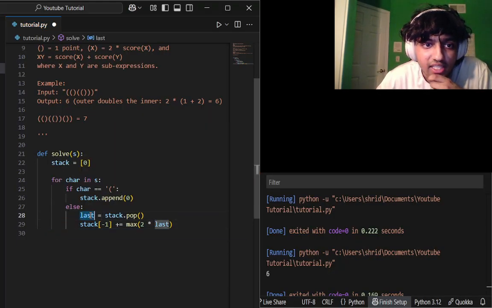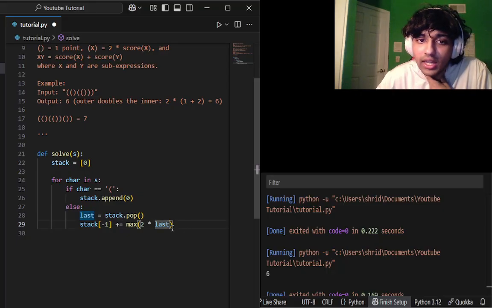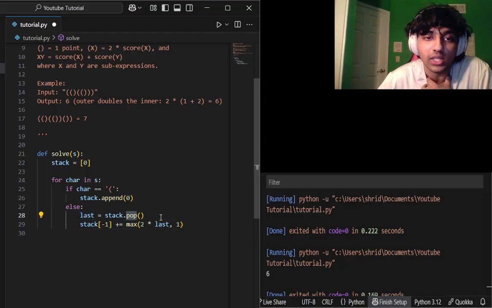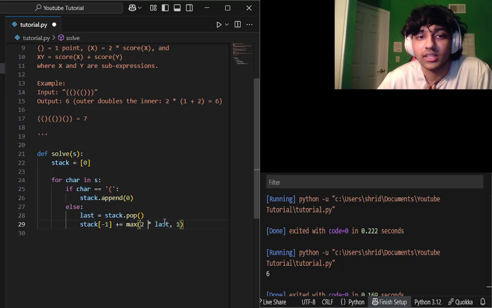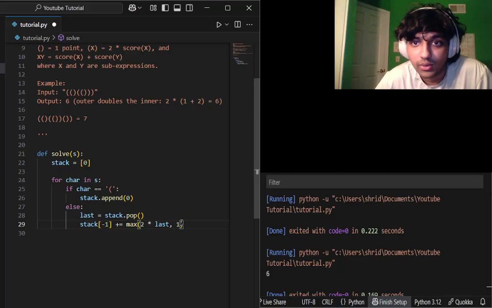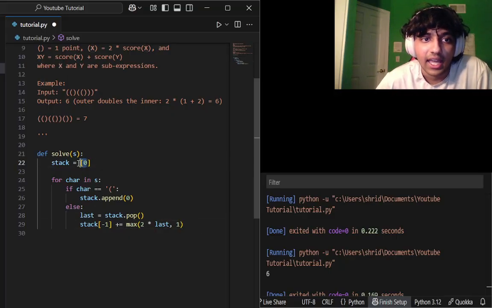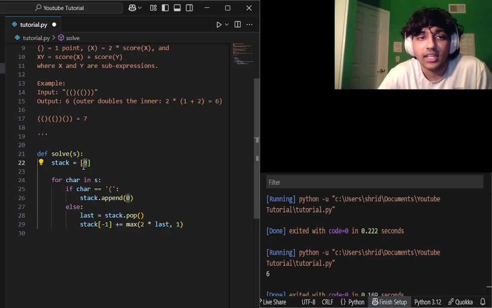So doubling the score that we just popped, and 1, because it could either be 0 if the last thing we popped out was a 0. Doubling the score would just make it 0, so that wouldn't do anything. However, it could also be 1 if the parentheses are just connected to each other. So that's why we're going to be taking the max of 2 times the last stack value and 1. And this is all going to be done in the first element of the list.